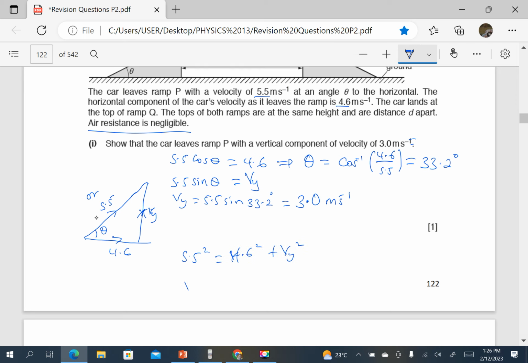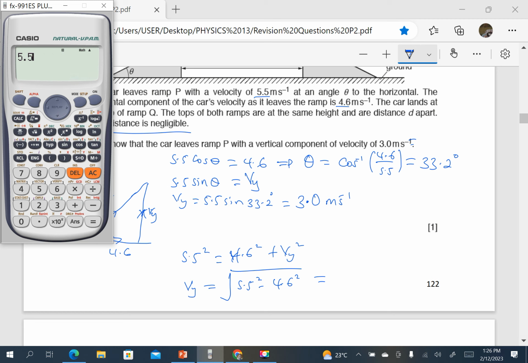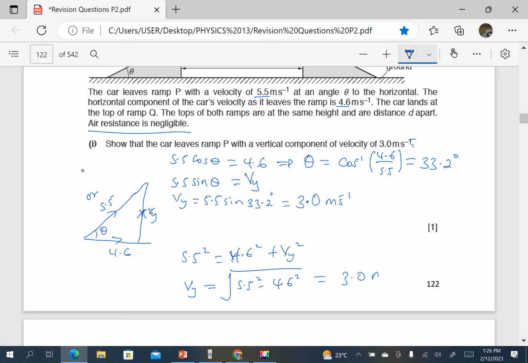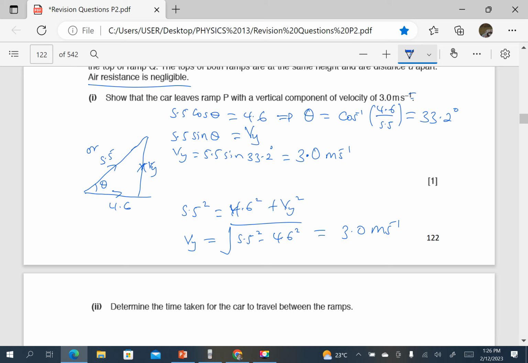That means V in the y is going to be equal to the square root of 5.5 squared minus 4.6 squared, and that is 3.0. So you could use that method.